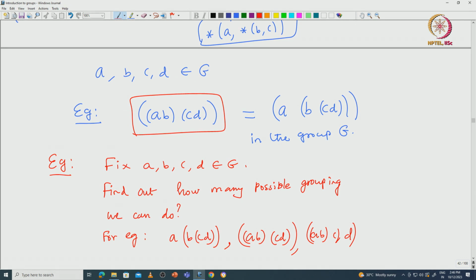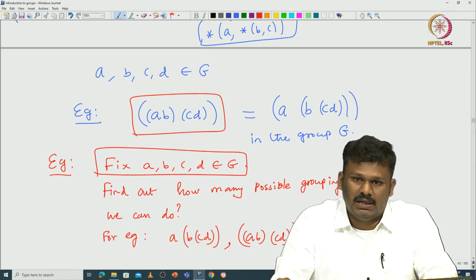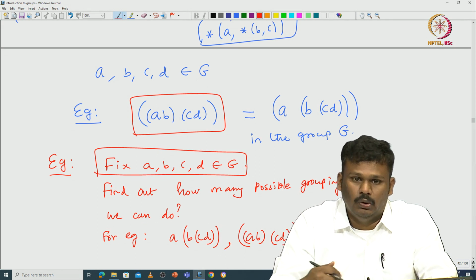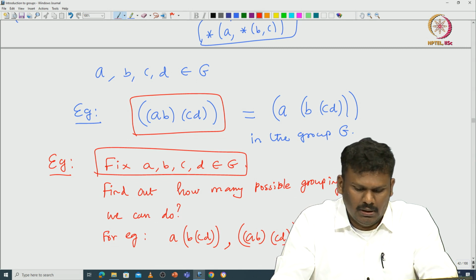Once you are done with 4 elements, you can also try it for 5 elements and so on. It is not that hard to find a formula for any finite list of elements. What I mean by a list of elements is that you fix some order, like A1, A2, etc., AN, and then we can talk about possible groupings like this. I will include that in the problem sheet.